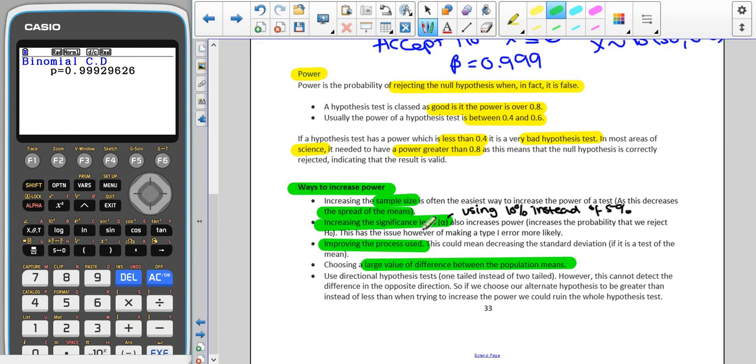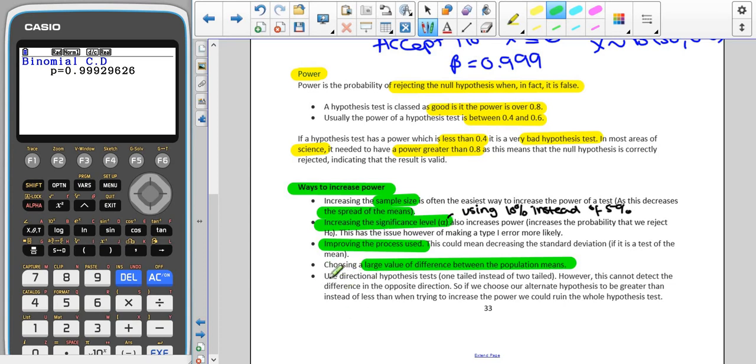If I think that the mean is less than 50 on a hypothesis test, so that would be my H1, and the actual mean ended up being 20, there's a big gap there between the true mean and the mean that I've used in my hypothesis. But have I actually been testing something that was a sensible thing to be testing anyway? So you have to make sure that your test is still making sense.